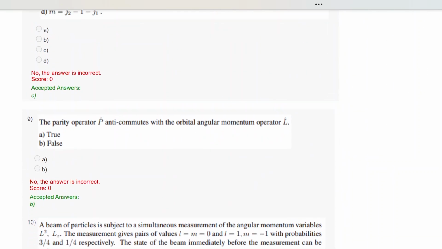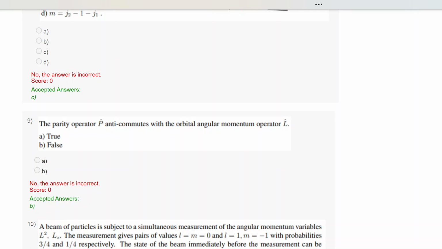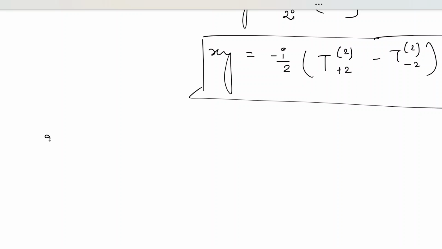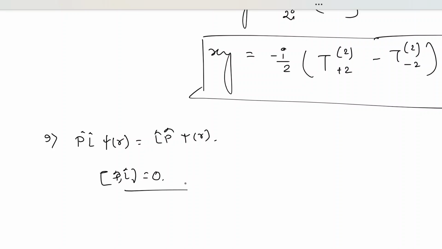Now question 9 is again pretty simple: you have to show that the parity operator P anti-commutes with the orbital angular momentum L. We have seen this kind of thing earlier. If the parity operator is P and the angular momentum operator is L acting on a state psi of r, and PL psi equals LP psi, then you say that P and L commute. So PL minus LP equal to 0.